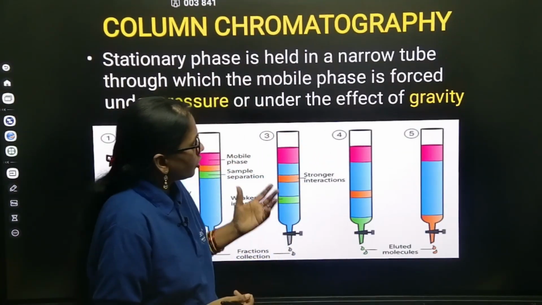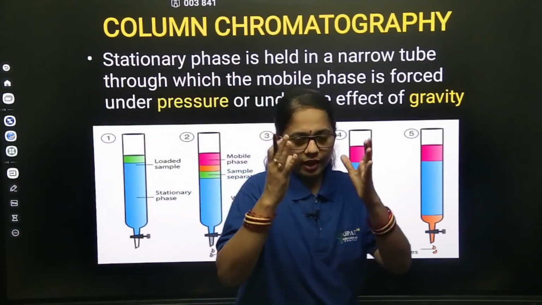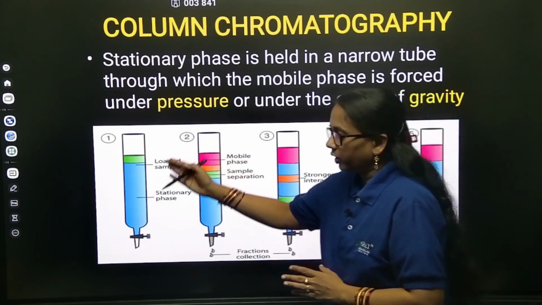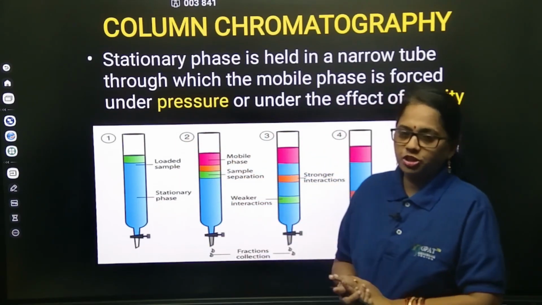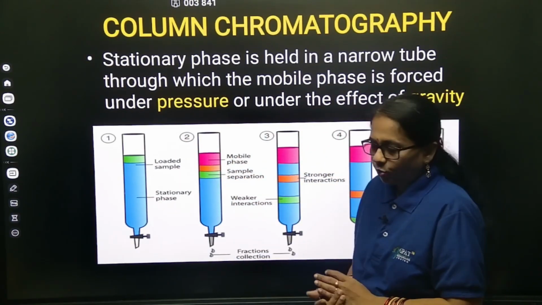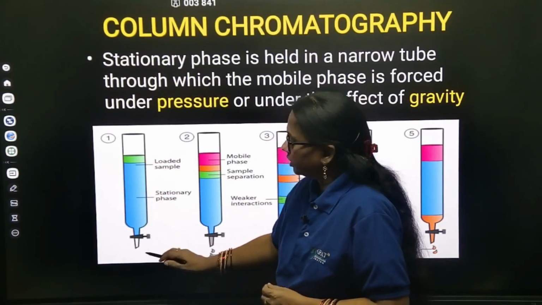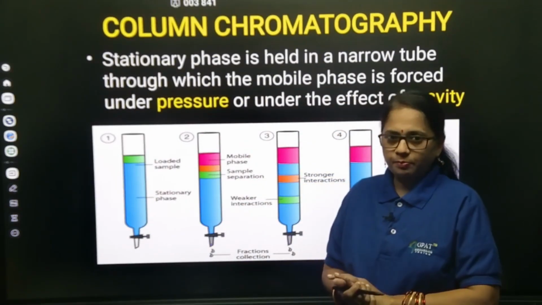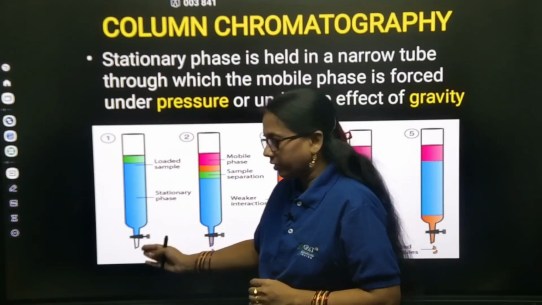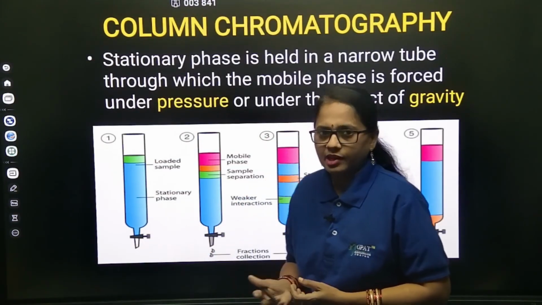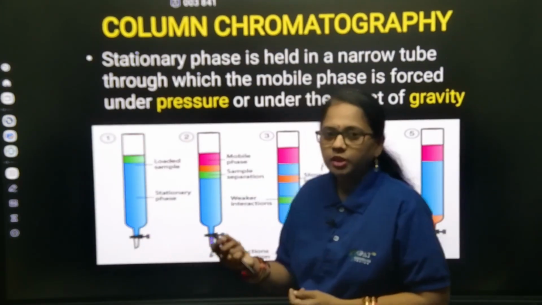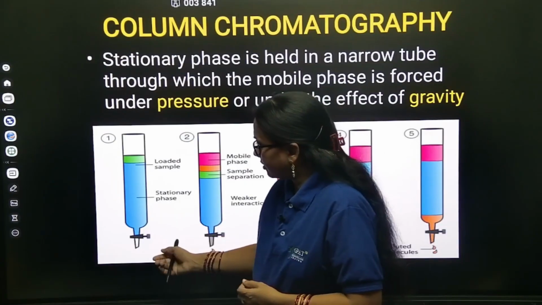In column chromatography, if you observe the entire column, first of all we set up the stationary phase. For that we need a glass column which has a provision for the flow of the mobile phase, like a burette with knobs and so on, okay.